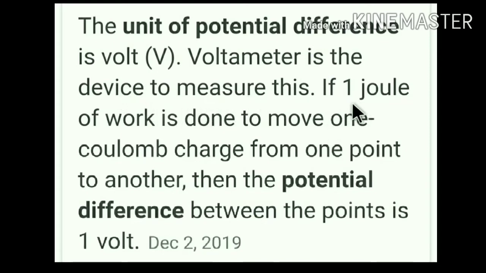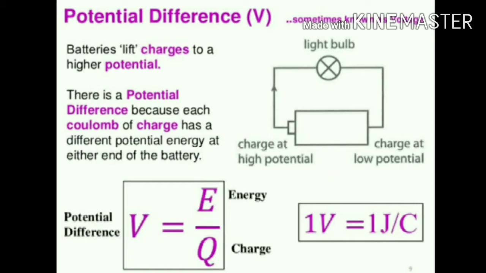If 1 joule of work is done to move 1 coulomb of charge from one point to another point, then the potential difference between the points is 1 volt. Okay, then see here the potential difference. This is charge at high potential and this is charge at low potential.